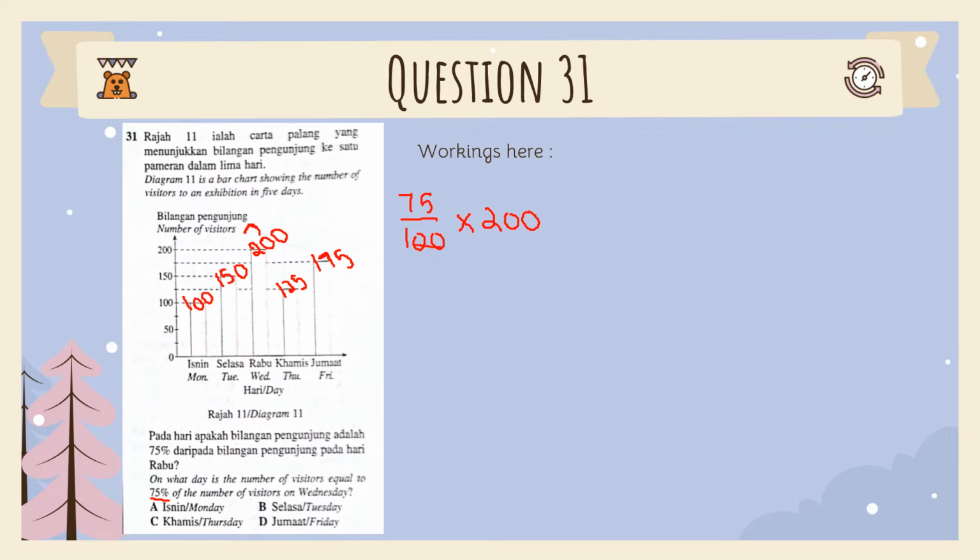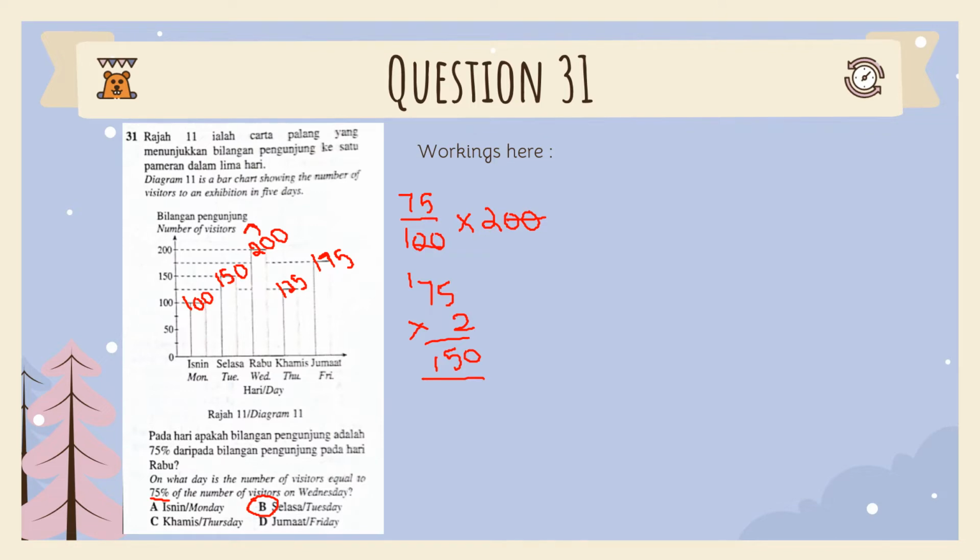We just do it like normal, and we'll get 150. So we just see which of the days has 150 visitors. Of course it's Tuesday. So the answer is B, Tuesday.